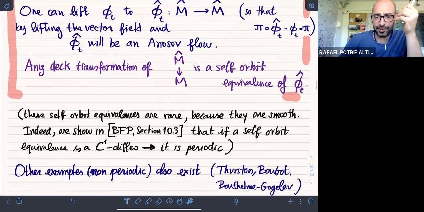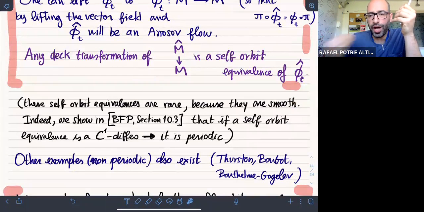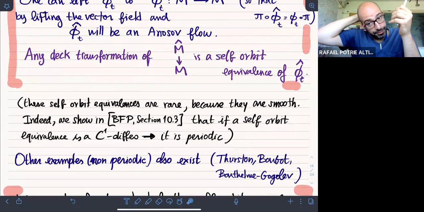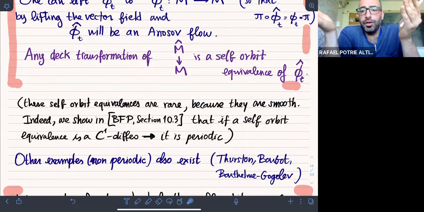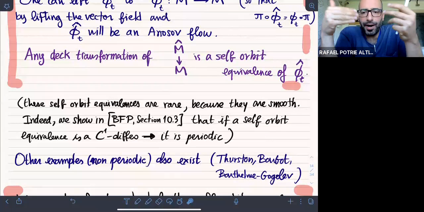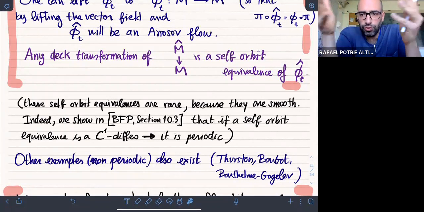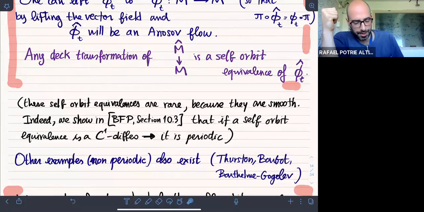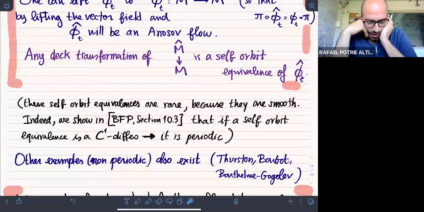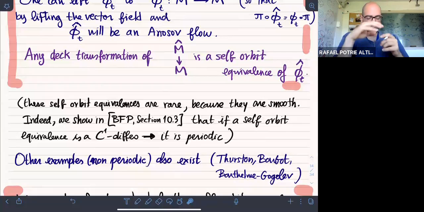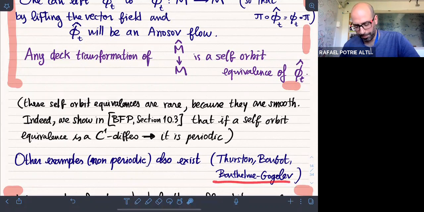But there are other examples, way more interesting, of self-orbit equivalences which are not periodic. And the question is whether you can produce partially hyperbolic systems using these self-orbit equivalences. So for the time being, we know some non-periodic self-orbit equivalences, and there's a recent paper.